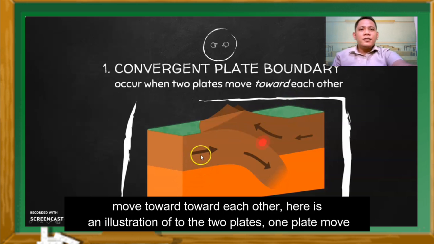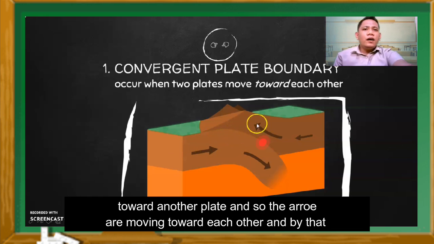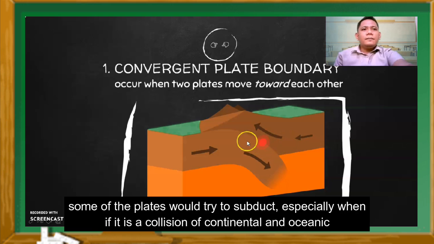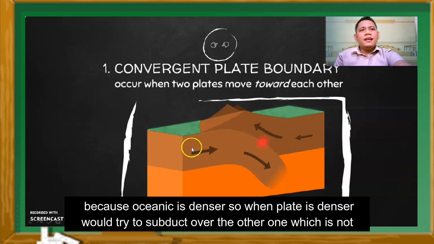Here is an illustration of the two plates. One plate moves toward another plate, so their arrows are moving toward each other. By that, some of the plates would try to subduct, especially in a collision of continental and oceanic plates, because oceanic is denser.